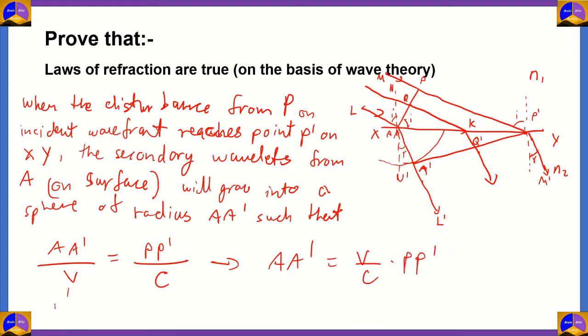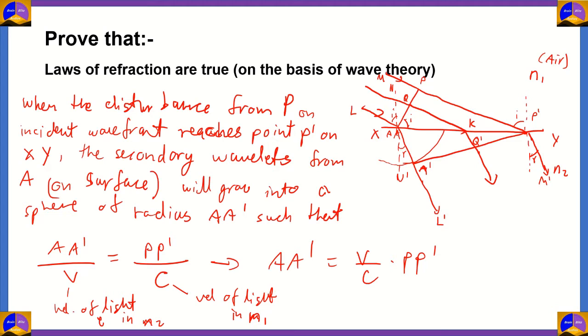So now v here is the velocity of light in medium 2, and c is the velocity of light in medium 1. Let's consider this to be air, so we write the value c.